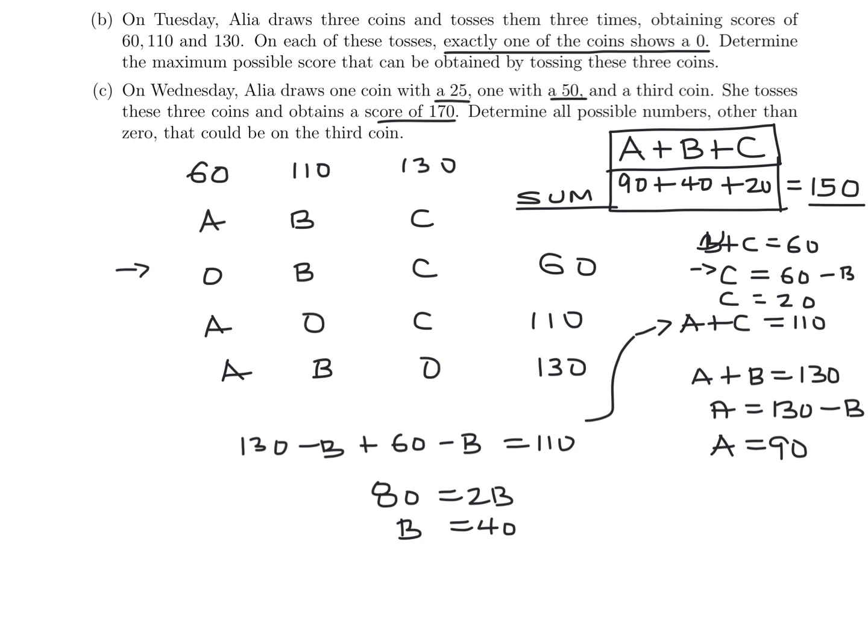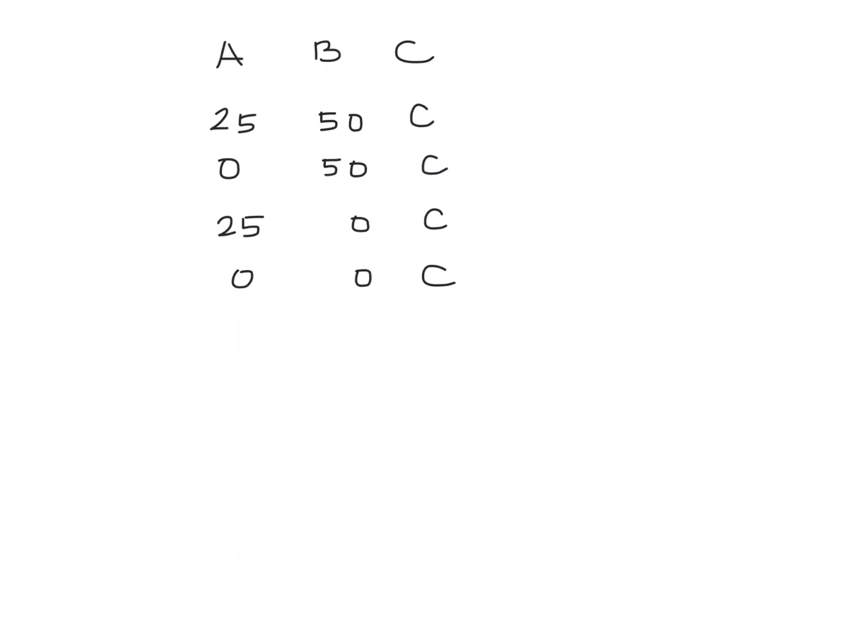So in order to get a 170, the third coin had to show its number. It cannot show the 0, because otherwise it wouldn't add up to 170. So that basically means that A plus B plus C is equal to 170. So very quickly we can figure out C, since we know the values for A and B are given in the question. They are 25 and 50 respectively. So C is 95.